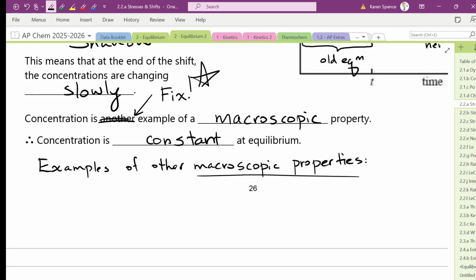A lot of them are properties that can be monitored if you have a reaction going on to measure its rate. But they become constant once a system reaches equilibrium.